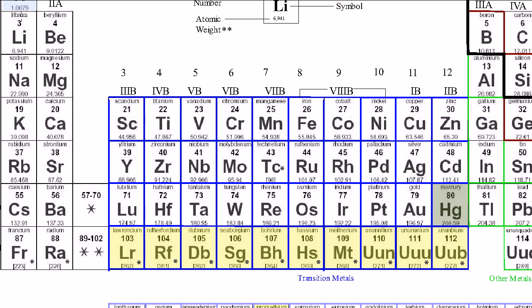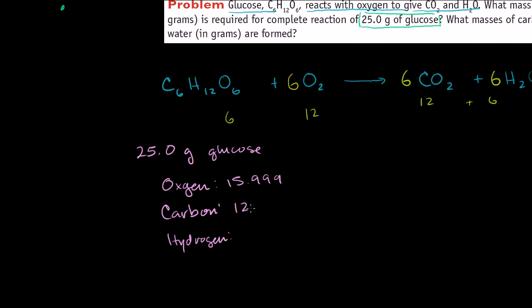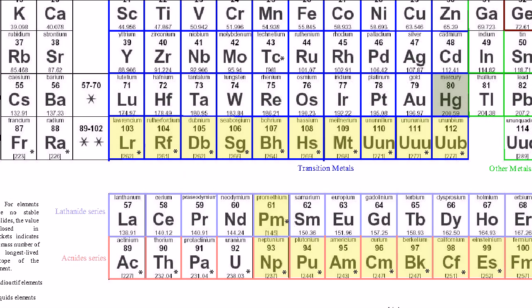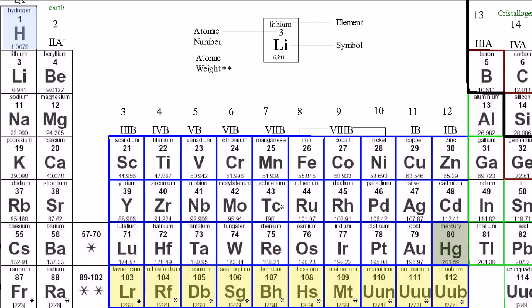And hydrogen is 1.0079. So let's do the carbon. 12.011. So the carbon is 12.011, and then the hydrogen, remember, atomic weights are all the weighted average of all of the isotopes on Earth, is 1.0079.